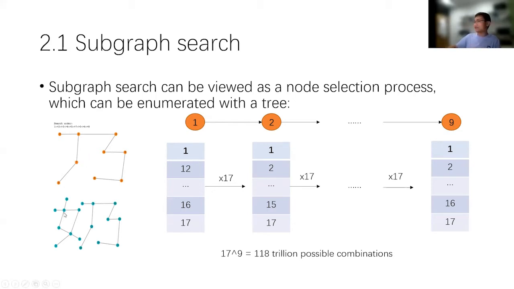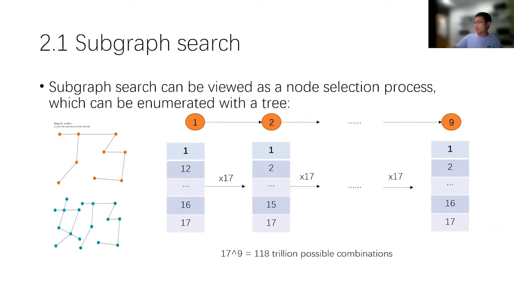It has 9 nodes. And this blue collection of nodes is like a bag of possible nodes you can take. It takes 9, so there are 9 steps. At each step, you need to take 1 node out of this blue bag as a candidate. So there are 17 to the power of 9 possibilities, which is 118 trillion.